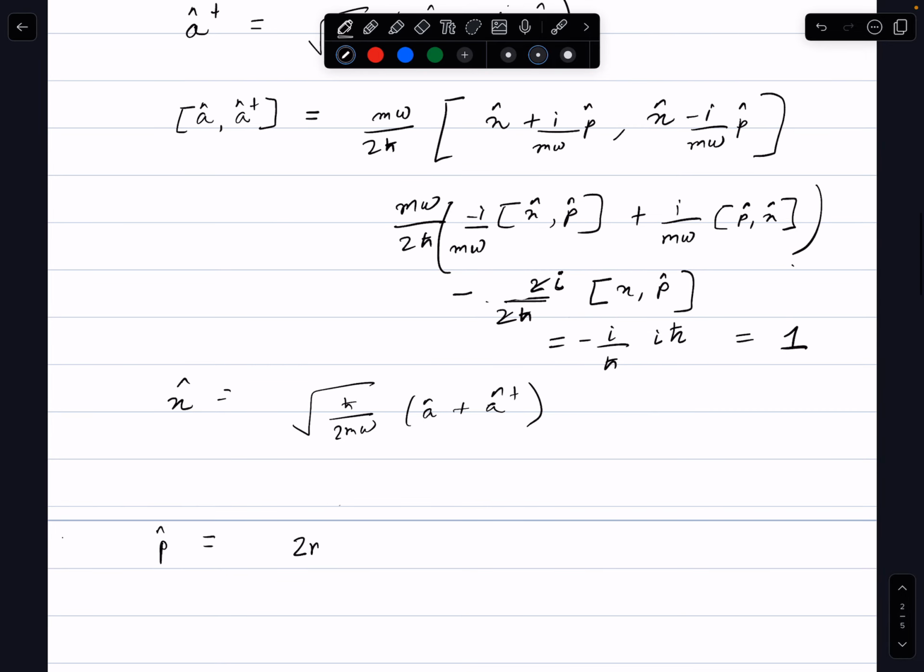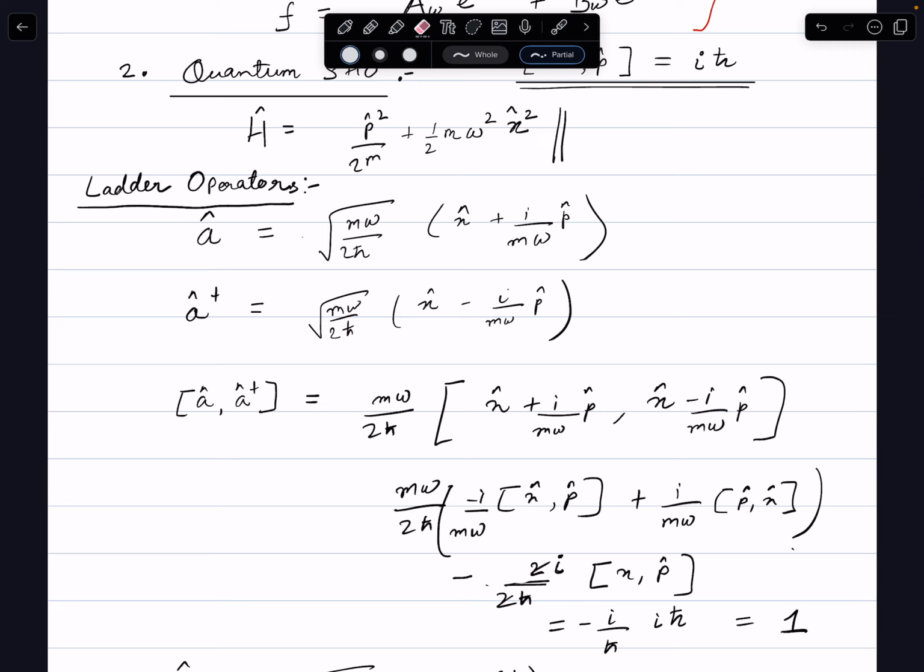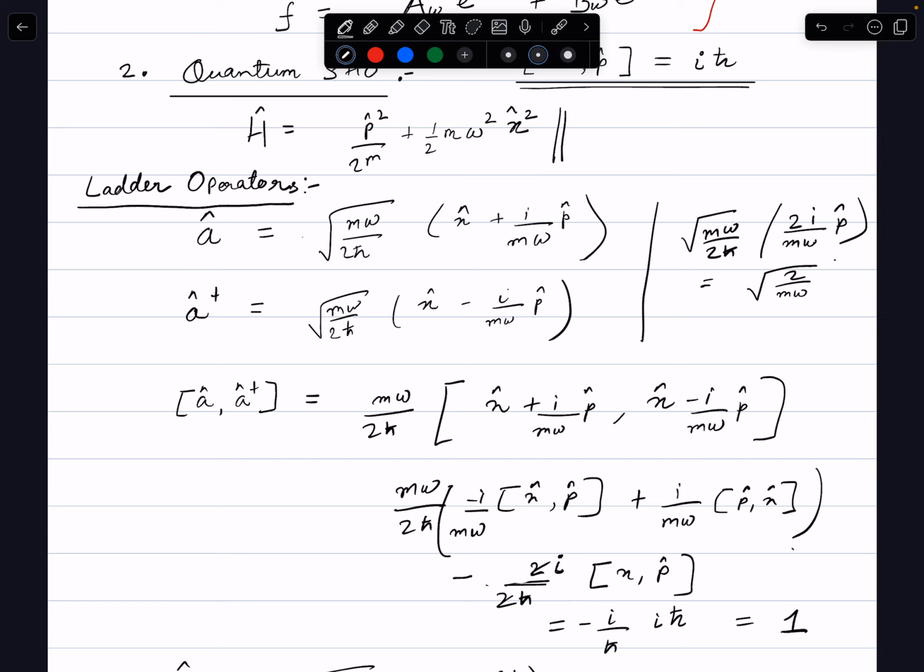Okay, let's just do this. If I subtract these two, I get square root of m omega by 2ħ and 2i m omega p, and so then this becomes square root of 2 by m omega i into p.